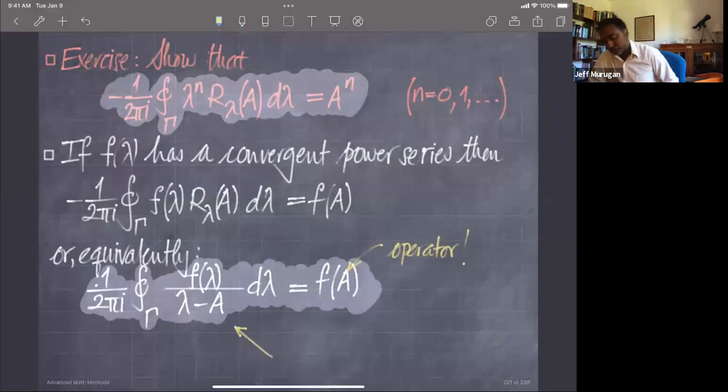So we have managed then, using the idea of the resolvent, to generalize the Cauchy integral formula for operator valued functions.